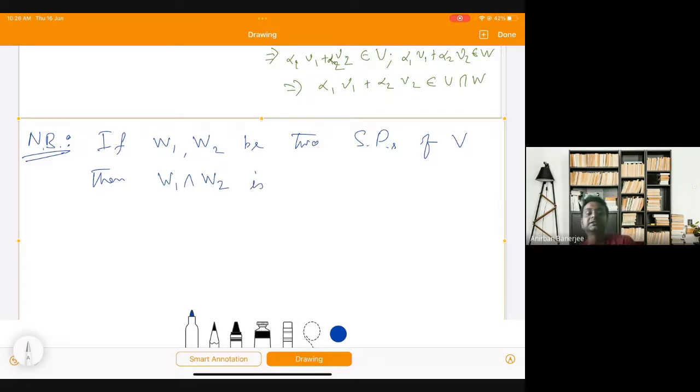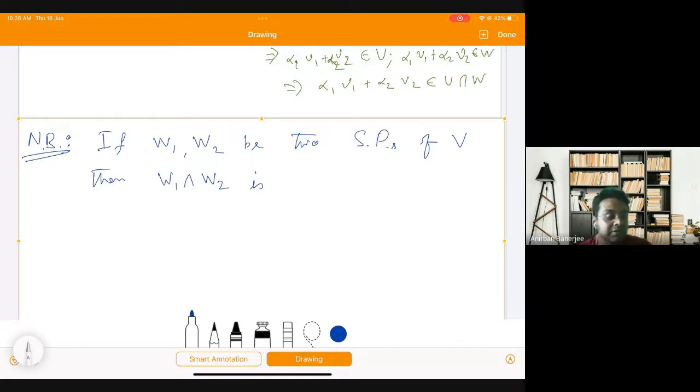Not only that, that will be the largest subspace of V which is contained in W1 as well as in W2.